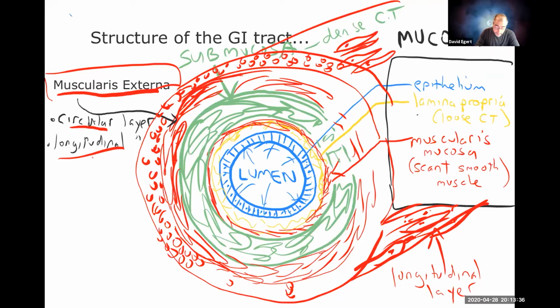And then what covers the outermost side of everything on this? The outside of what envelops all your digestive viscera, keeps it from rubbing against itself? Serosa, exactly. The serous membrane.